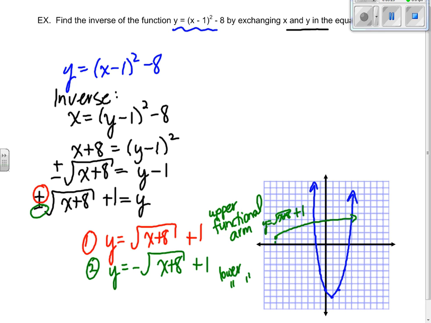The lower functional arm is the vertical reflection of the square root function, and then moved to the left 8, up 1. It would be the upside down of what I just drew.